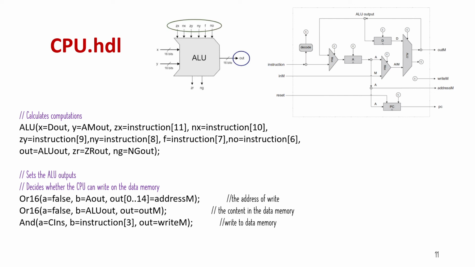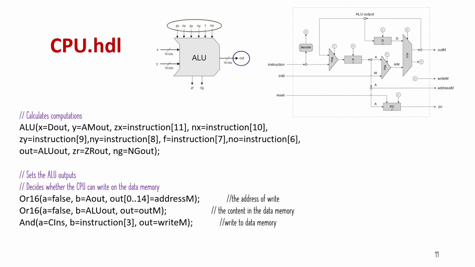So it consists of the input control bits like ZX, NX, ZY, NY, F, and NO that indicate which function is computed on the inputs of the ALU to perform the desired output. It also contains the output control bits like ZR and NG, which determine the property of the result.